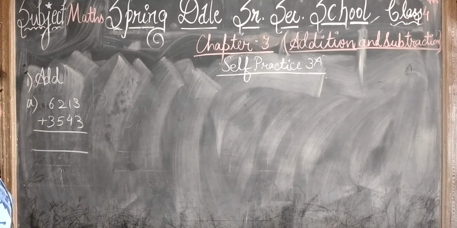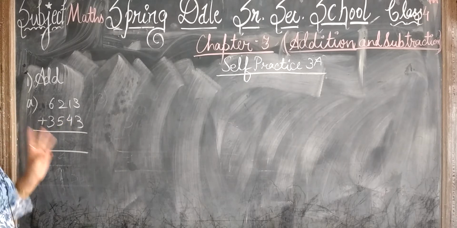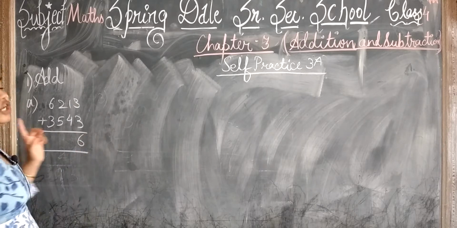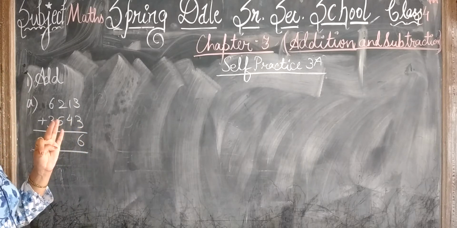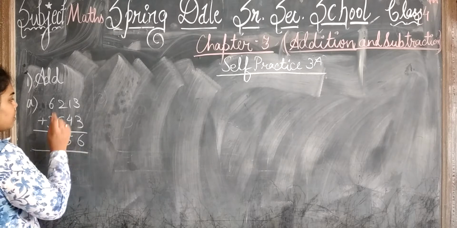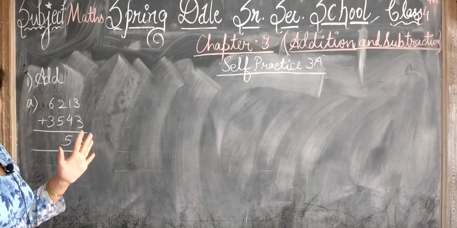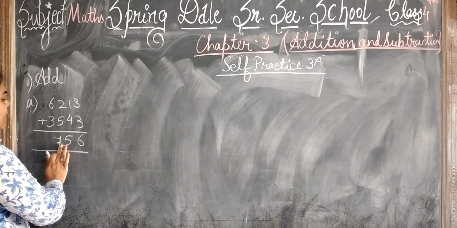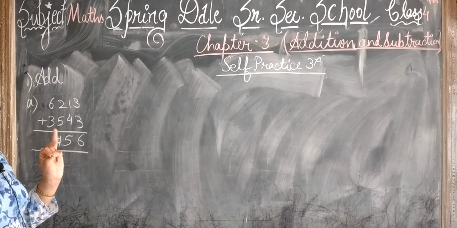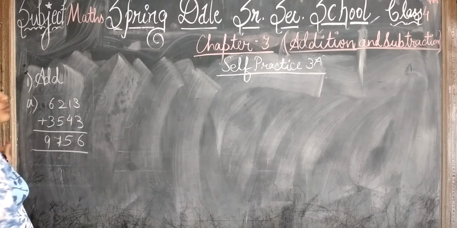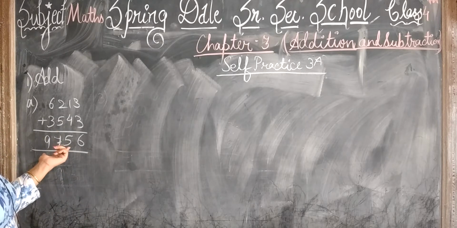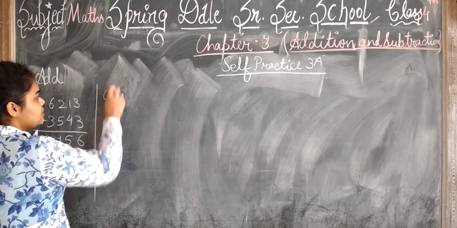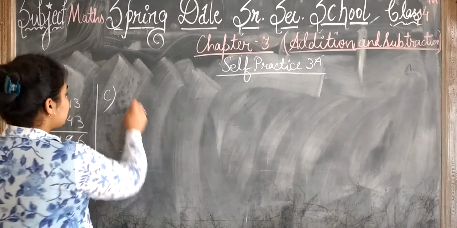We are going to add these numbers. 3 in your mind, 3 in your fingers, after 3, 4, 5 and 6. 1 in your mind, 4 in your fingers, after 1, 2, 3, 4, 5. 2 in your mind, 5 in your fingers, after 2, 3, 4, 5, 6, 7. 6 in your mind, 3 in your fingers, after 6, 7, 8 and 9. The number you get is 9756.